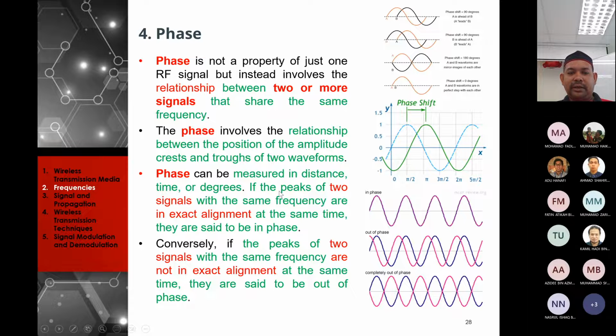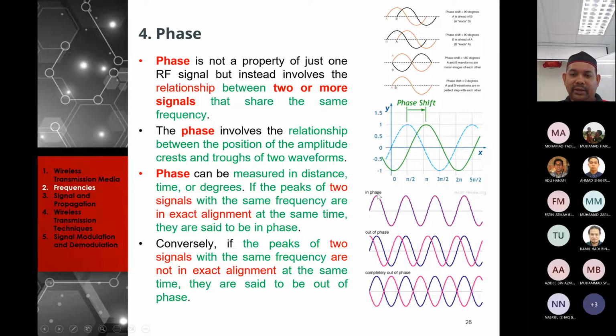Phase can be measured in degrees, and if the peaks of two signals with the same frequency are in alignment at the same time, they are said to be in phase. Conversely, if the peaks of two signals with the same frequency are not in alignment at the same time, they are said to be out of phase.